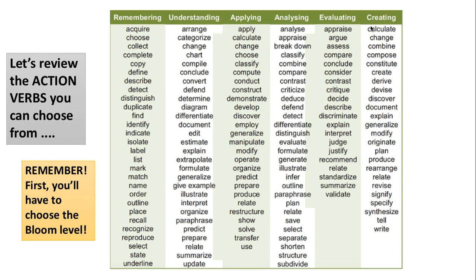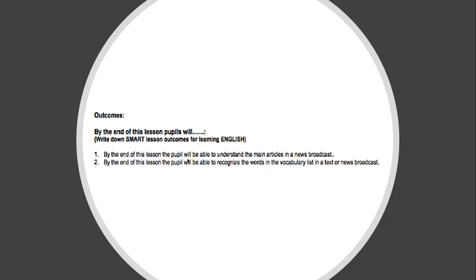These fall into the higher order skills. Learners will be able to describe, explain the main articles. Well, how many are we talking about? And in what context? Let's say 2 main articles in a 5-minute news broadcast. Again, we need to give it a number and make it more specific.